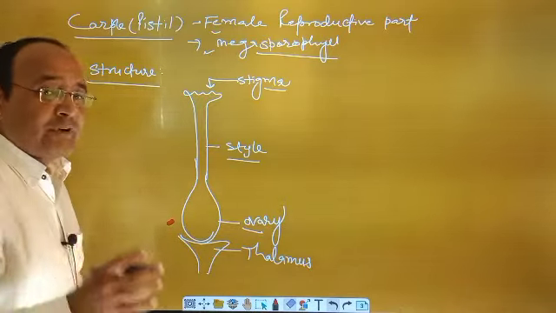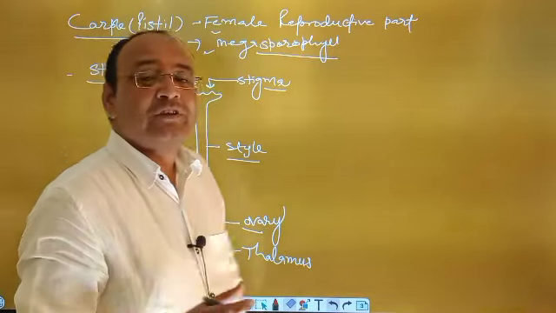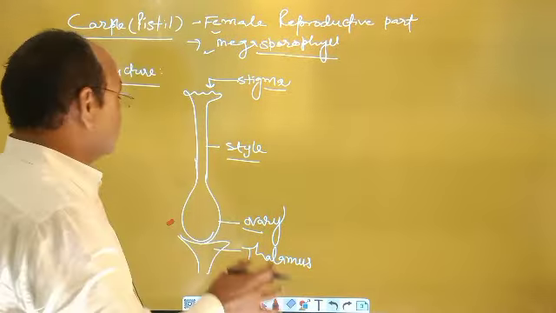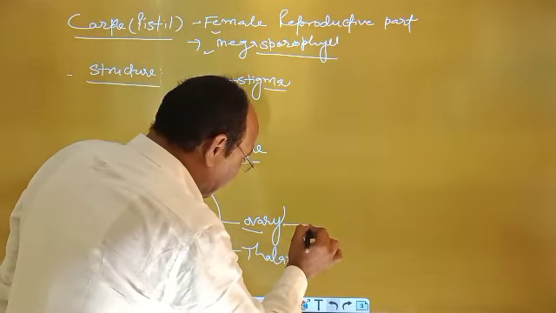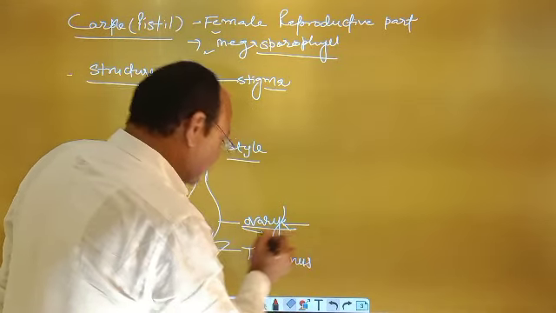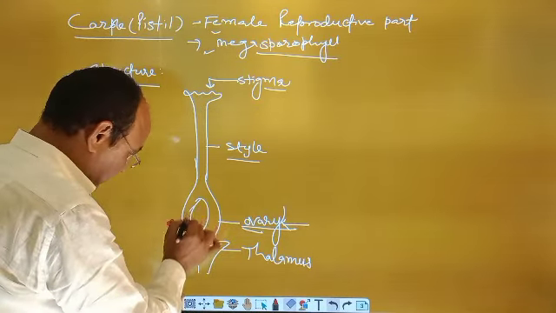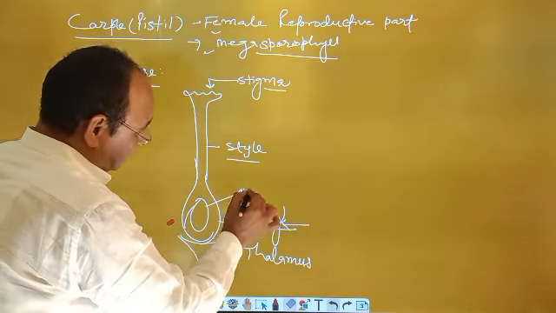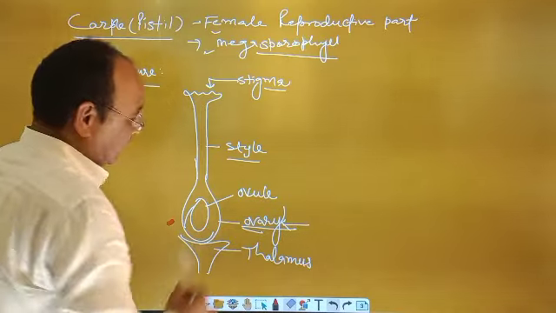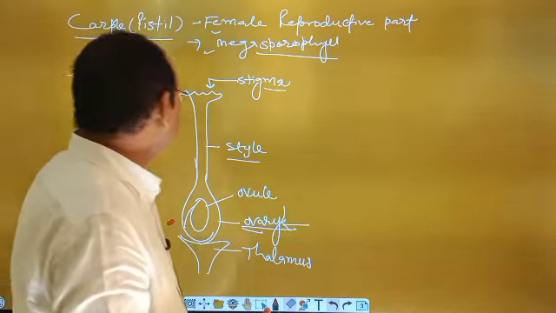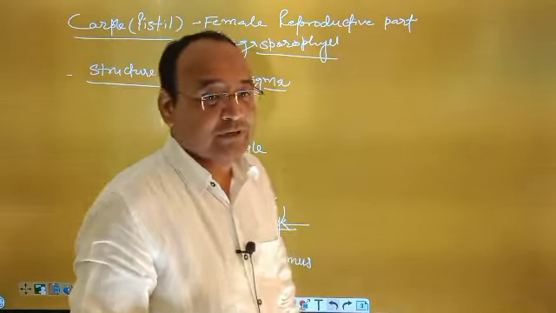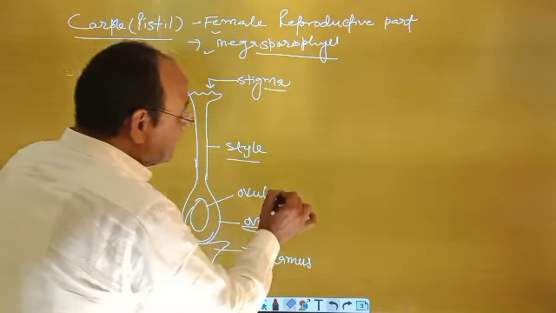Now, what is the most important part of pistil or carpel? Simply, the most important part of pistil or carpel is ovary. In ovary, another structure is present, which is called ovule. What is an ovule?